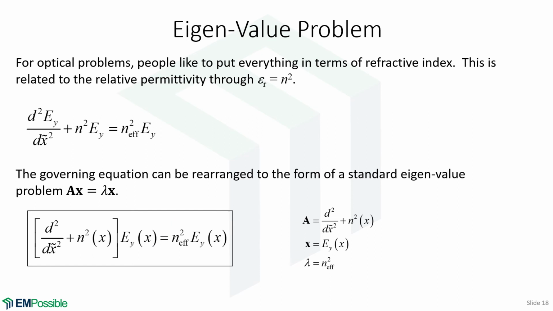We can think of an eigenvalue problem like this. Suppose we have a guess as to what the electric field would look like, one of our mode solutions. If we can do all of this math to it and get the original function back just scaled by a constant, that is a valid answer. That's a solution to our eigenvalue problem. But because it has to follow these rules, there are only certain discrete answers that we will get.